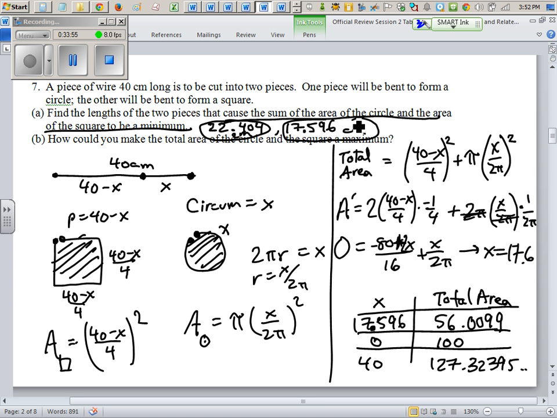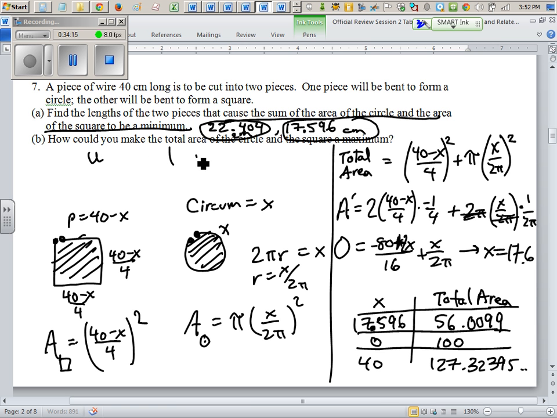Very cool problem. It shows us that critical points and endpoints are important. This has everything you need to know about optimization in this one problem. So the second question's answer is simply use all the wire to make a circle.